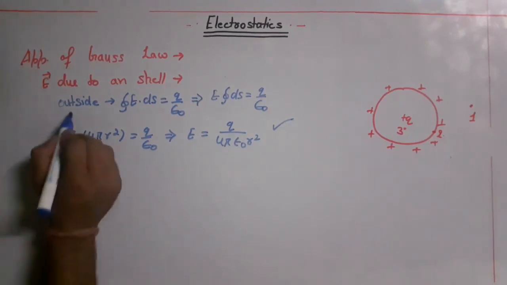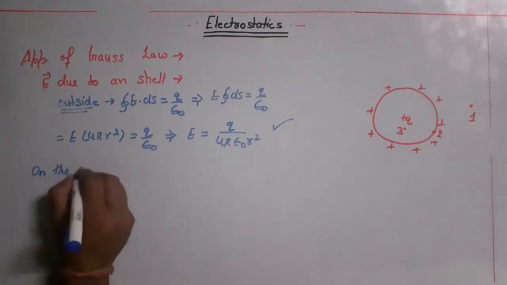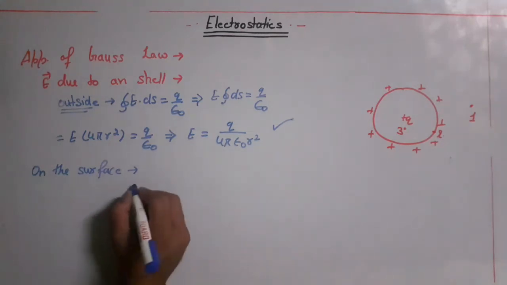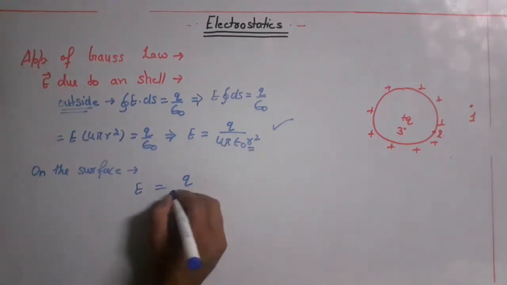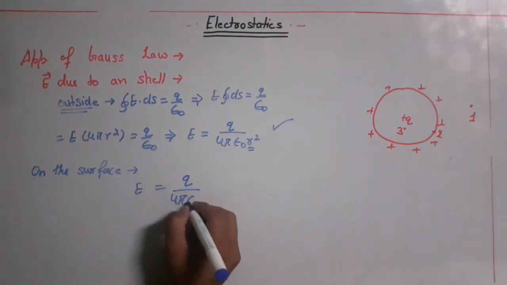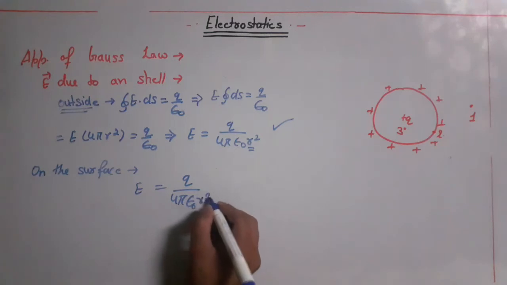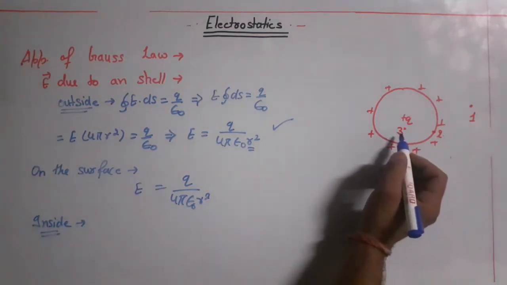If we have to find it on the surface of the shell, we will simply convert this small r into capital R. So this becomes q divided by 4 pi epsilon naught R square. And inside the shell, there is no net charge.